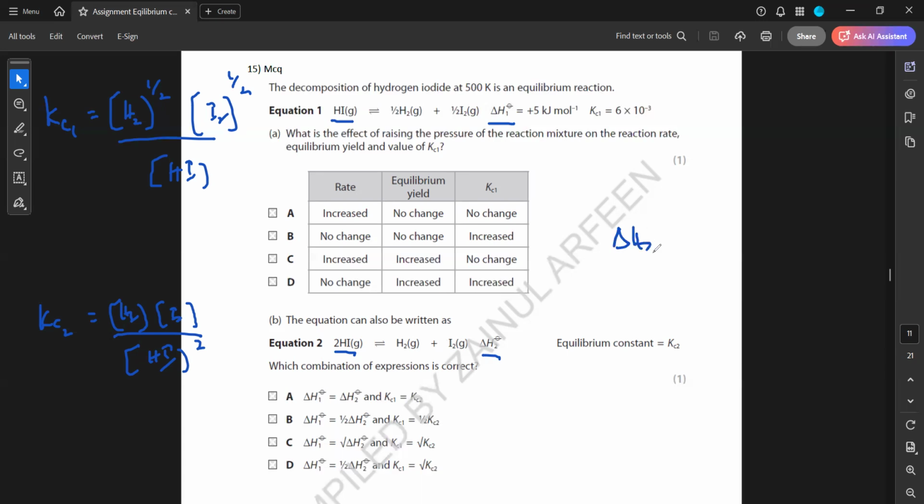So we can say that delta H2 will be equal to delta H1 multiplied by 2 because it is twice.